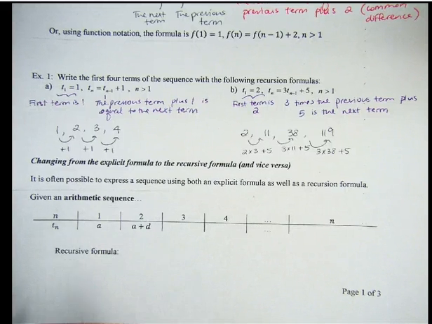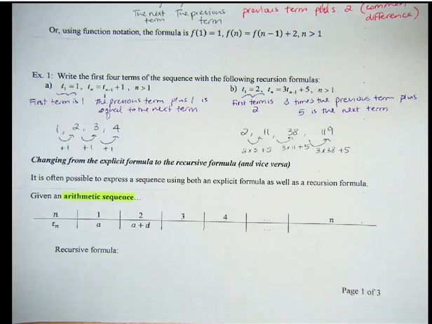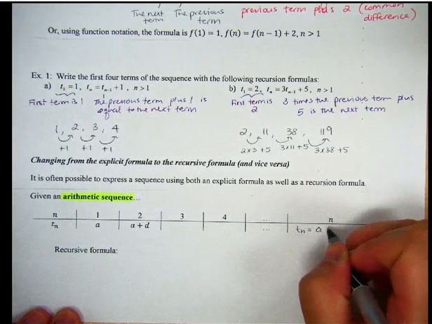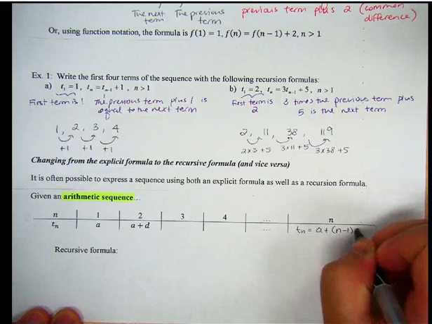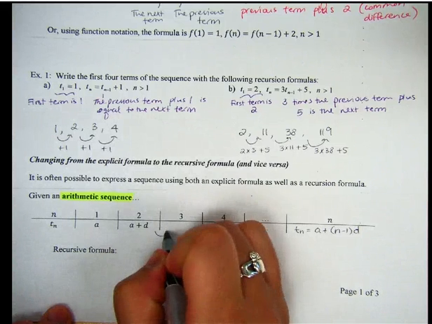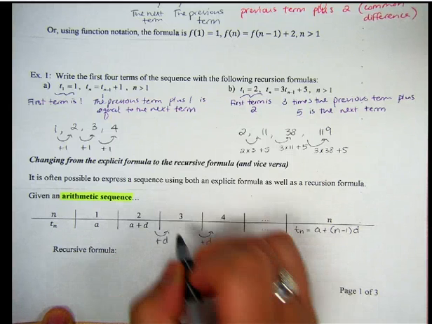Given an arithmetic sequence, you already know this from lesson 7.1. The general term of the arithmetic sequence is Tn equals a plus n minus 1 d. We got this explicit formula because we could just keep adding d to get to the next term.